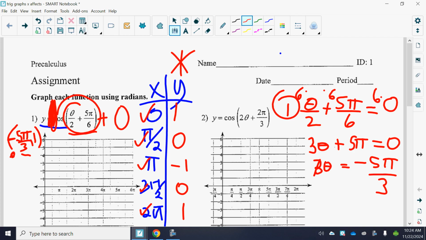What's negative 5 pi sixths plus 5 pi sixths? No, it was a negative and a positive. You're okay. Anybody could make a mistake. It's 0, huh? That's why this is now point number 1, public enemy number 1. Who's public enemy number 2?